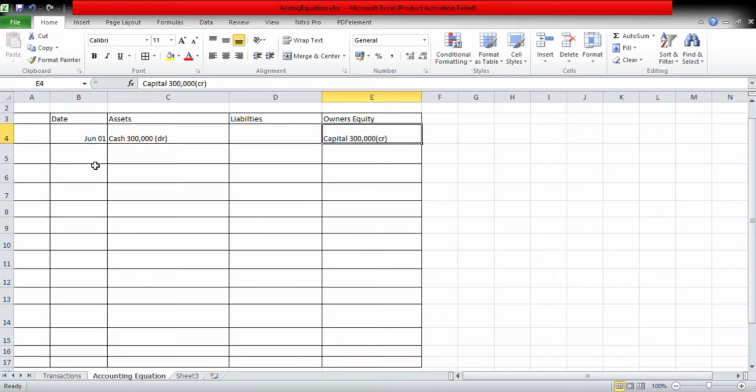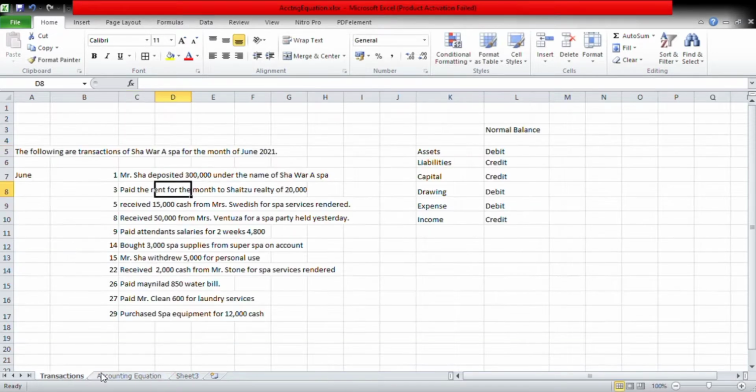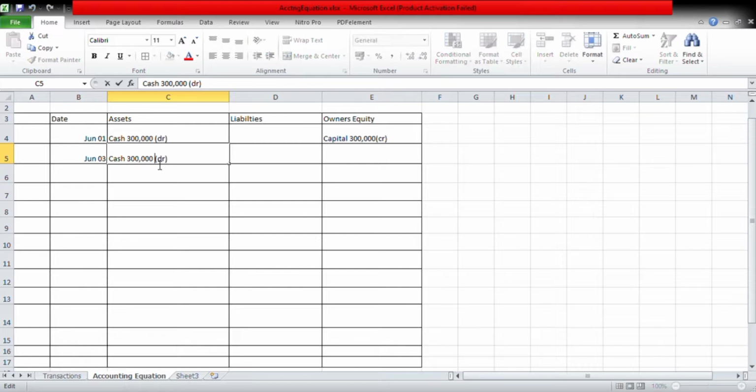Since we are paying the rental, the cash will decrease. How much? 20,000. 20,000 credit since it decreases. Rent expense.